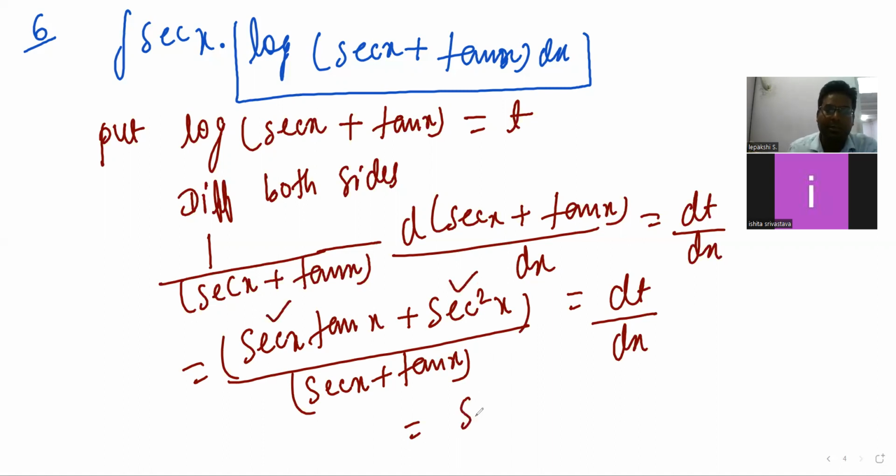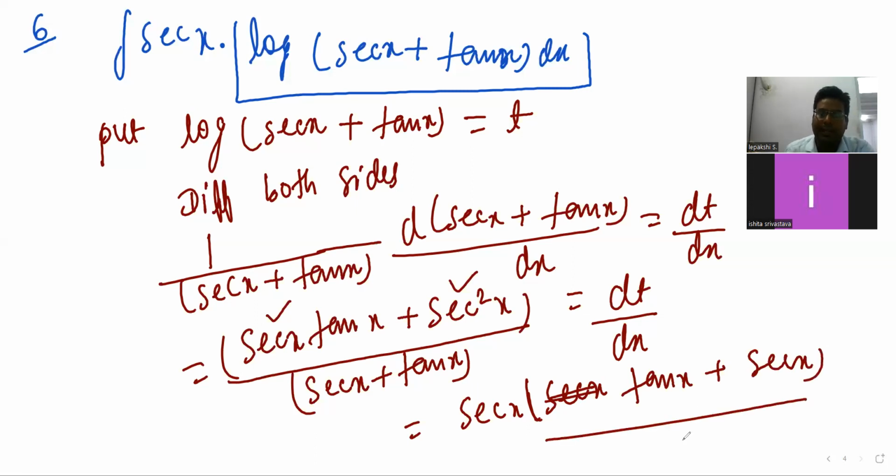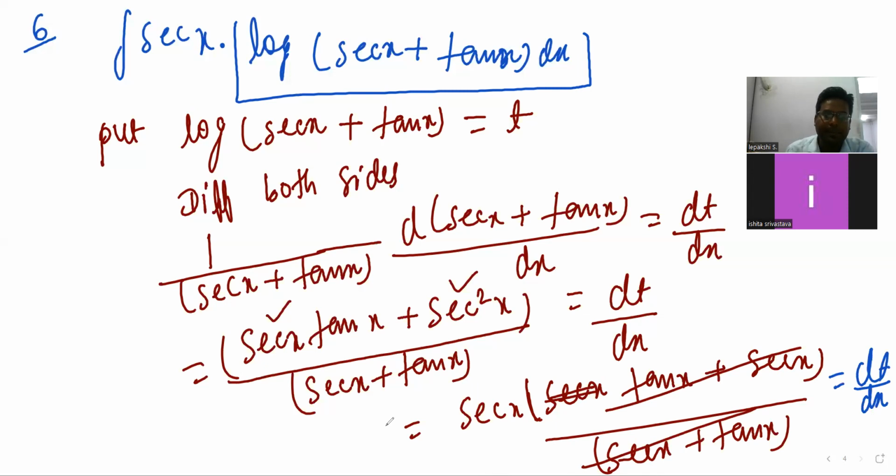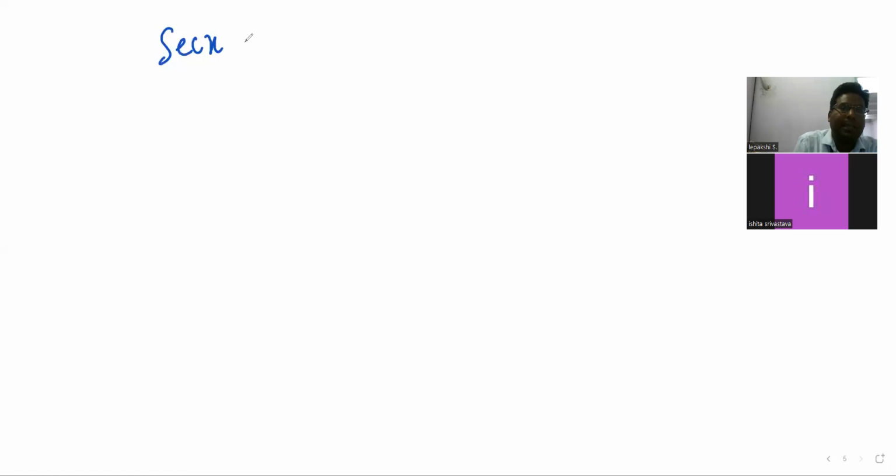So it is sec x into (tan x plus sec x) divided by (sec x plus tan x). So these parts are common, and we have cancelled them, equal to dt upon dx. Now take the dx on the left part, so it will be sec x into dx is equal to dt.